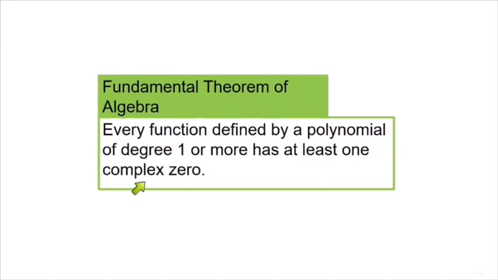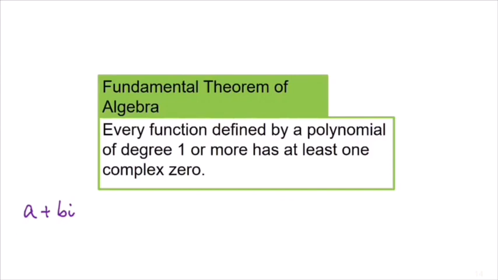Now, what do we mean by complex? Remember back in chapter 1, we talked about complex numbers, and we said that all numbers are considered complex. A complex number is just a number that has both a real and imaginary part. A number that's fully real has an imaginary part that's zero, and a number that's fully imaginary has a real part that's zero.